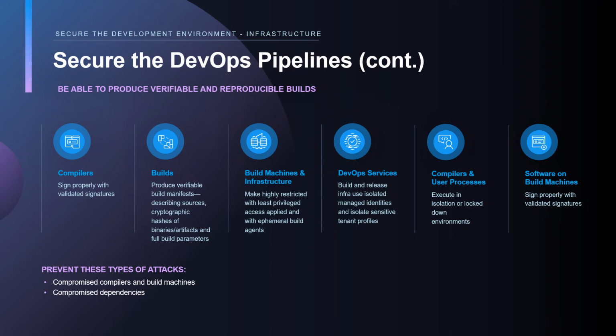For the software on build machines, make sure that all are signed properly with validated signatures. So practices like this ensure that your organization is secure from threats like compromised compilers and build machines and compromised dependencies.